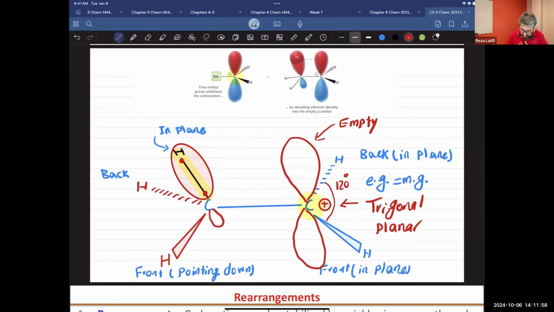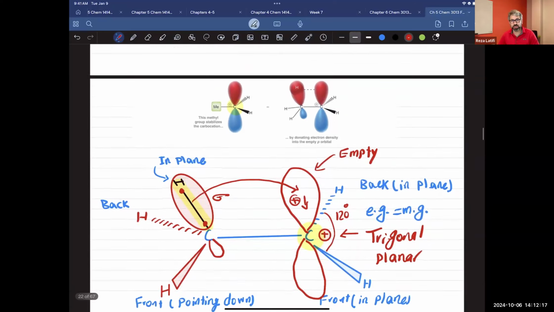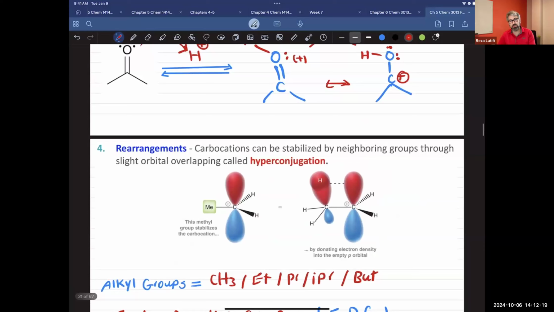So any interaction between an empty orbital and the sigma bond of, say, carbon-hydrogen or carbon-carbon is going to drop the positive charge. The positive charge is going to go down, and it will make the system happy, more stable. And the term that we use for it is hyperconjugation.